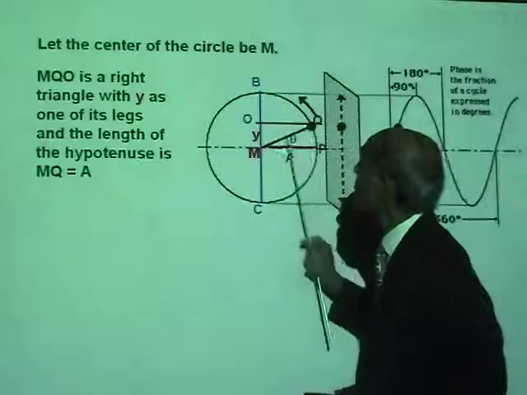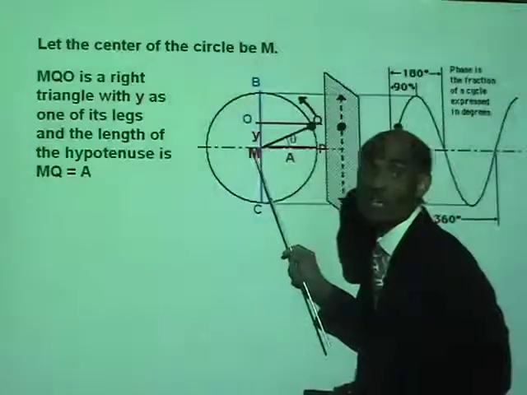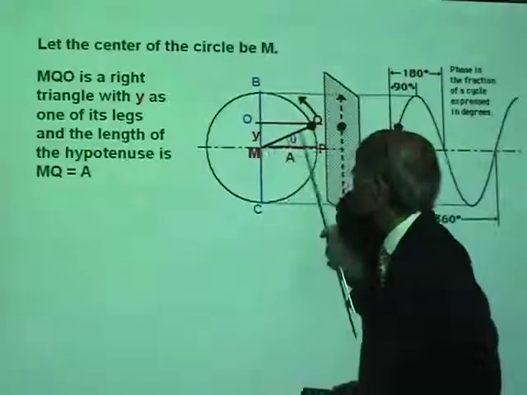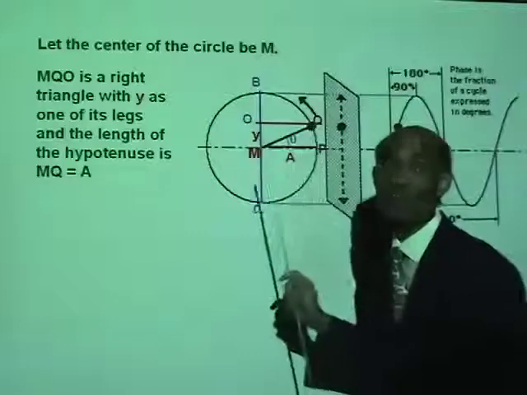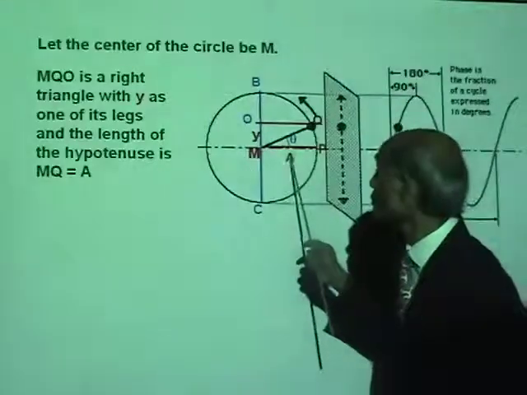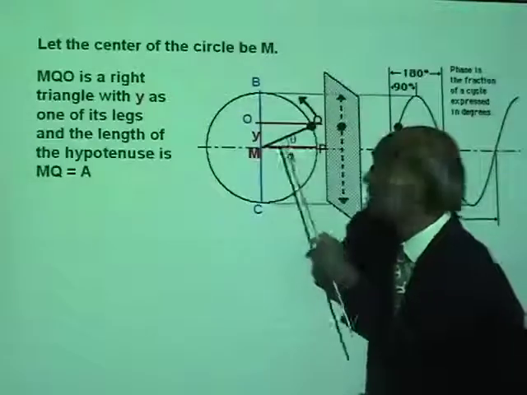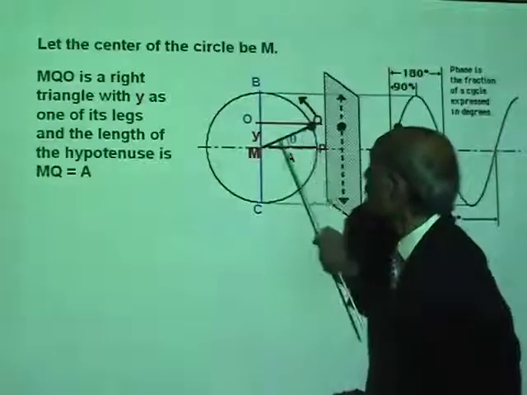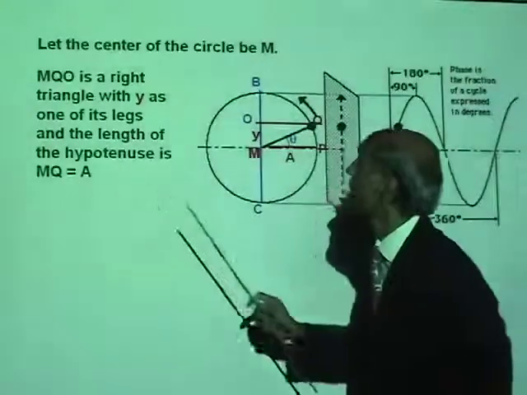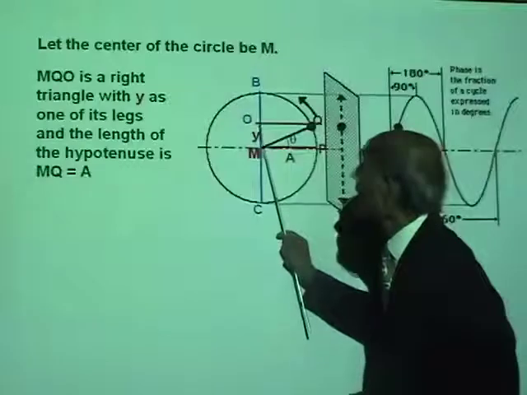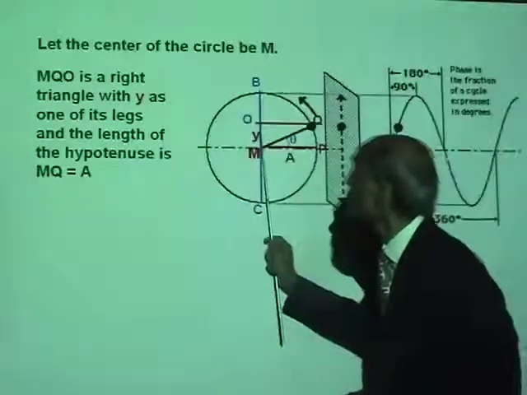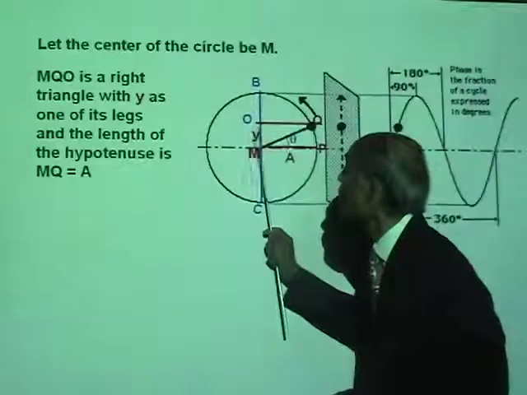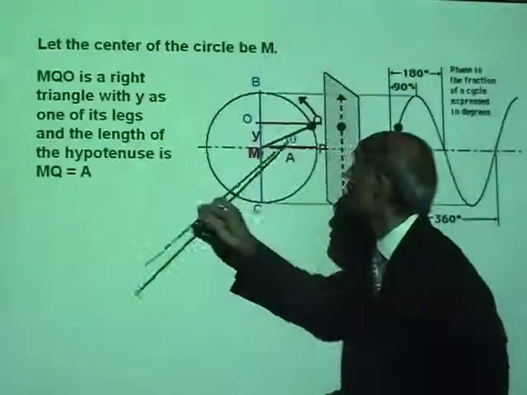The length of the hypotenuse, can you tell me what is the length of the hypotenuse? MQ. That is the radius. And what is the radius that we call the radius equal to? A. So the hypotenuse of this triangle equals A, and one leg is the displacement. Is that right? This is one leg of that triangle, and that is the displacement.